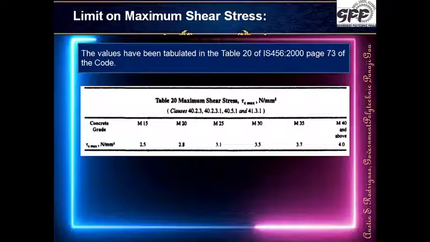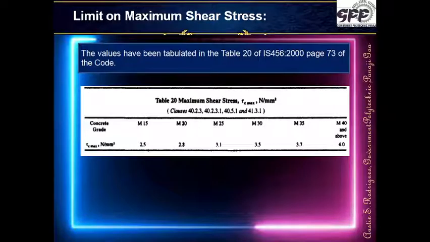Instead of using M20 grade of concrete, I could take M25 grade of concrete. In that case, 2.8 would increase to 3.1. That means I can now design. There is no problem. So this is one of the options: I can directly take the grade of concrete as M25 and then proceed.